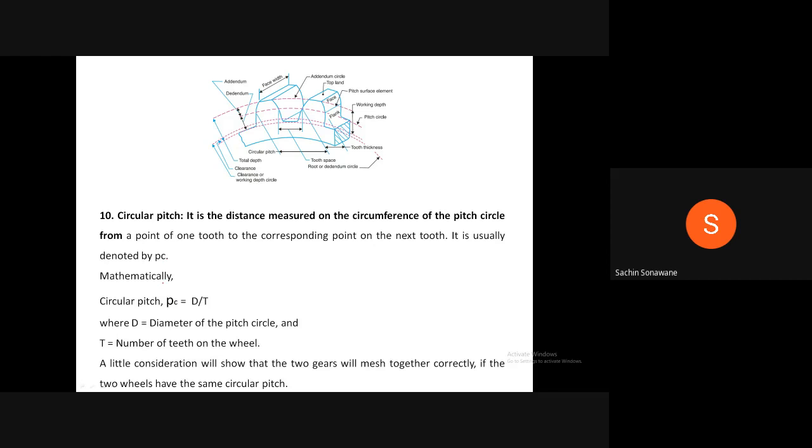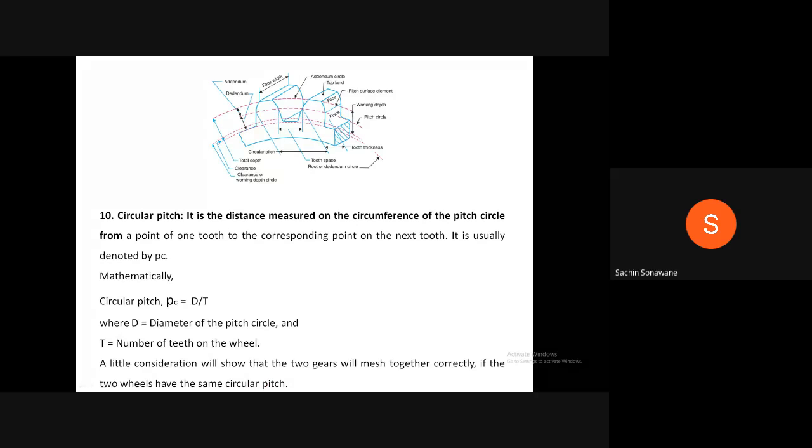Mathematically, circular pitch PC is equal to D divided by T, where D is the diameter of the pitch circle and T is the number of teeth on the wheel. A little consideration will show that two gears will mesh together correctly if the two wheels have the same circular pitch.